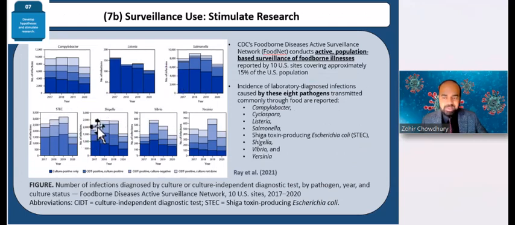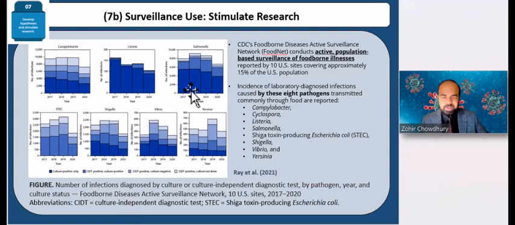Again, using the same data set from FoodNet, FoodNet conducts active population-based surveillance of laboratory diagnosed infections caused by Campylobacter, Listeria, Salmonella, Shiga toxin producing E. coli or STEC, Shigella, Vibrio, and Yersinia.